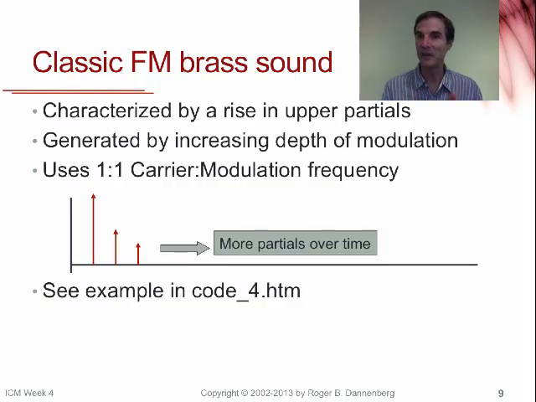So in particular, at the very beginning of the sound, you go from no sound or very quiet sound to full volume sound, and that involves introducing higher partials. And we can increase the energy in the upper harmonics or upper partials by increasing the depth of modulation with FM. And so that's what we do.